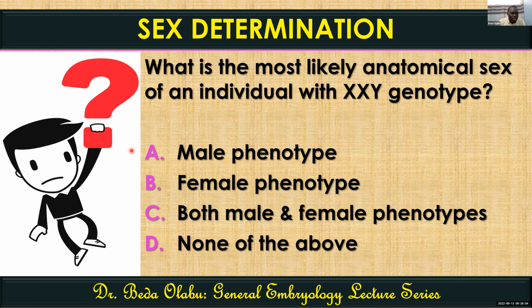Now those who chose A, let me pick a few people. Mercy, you're among those who chose A. Can you tell us why you chose A? I chose A because I remember the previous class, you told us that it's the absence of the Y chromosome that makes one female. So as long as there's a Y chromosome, that person is phenotypically a male. Okay, fair enough.